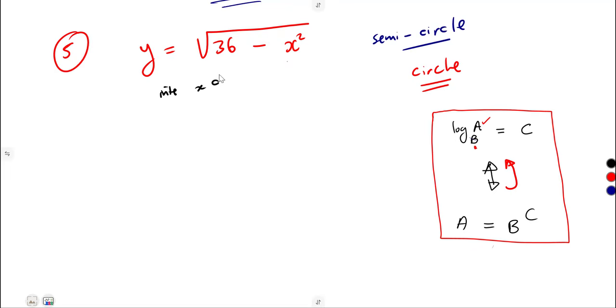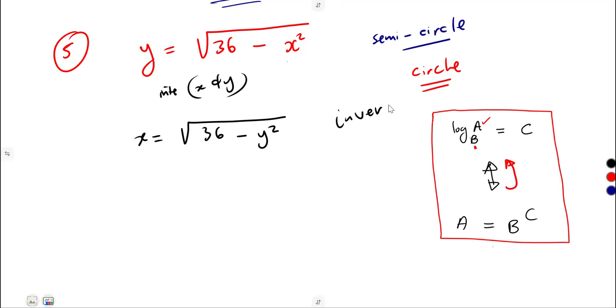If we interchange x and y, we are done. So it will be x is equal to the square root of 36 minus y squared. That step will represent what we refer to as the inverse, the concept of our inverse function.